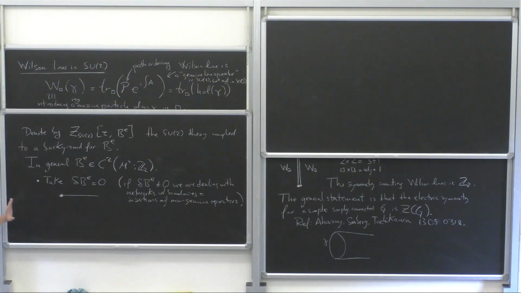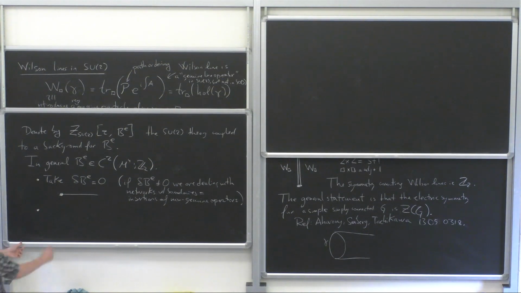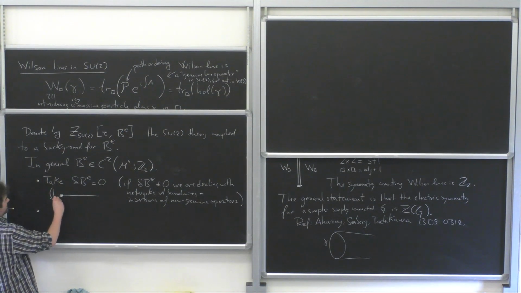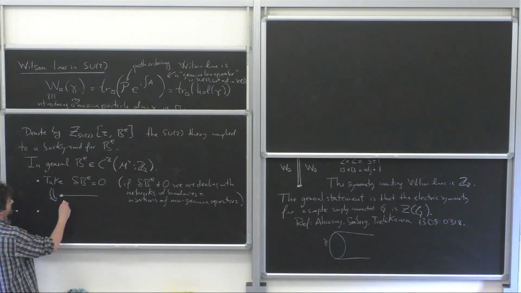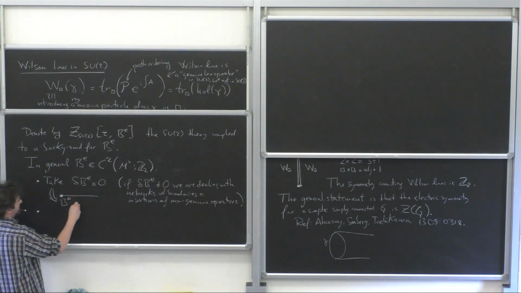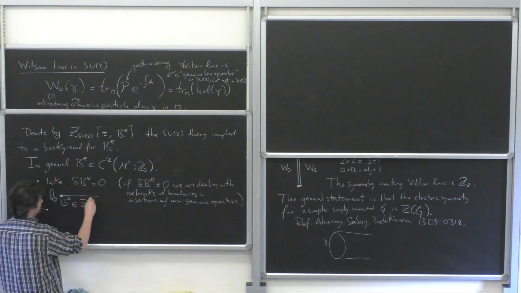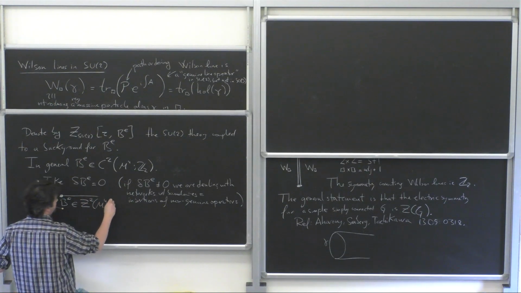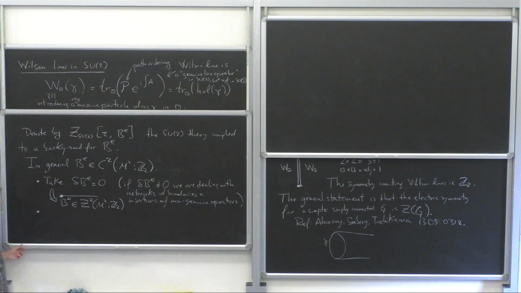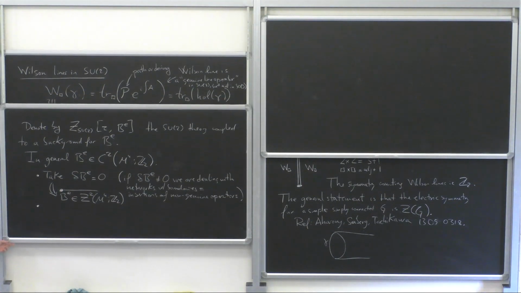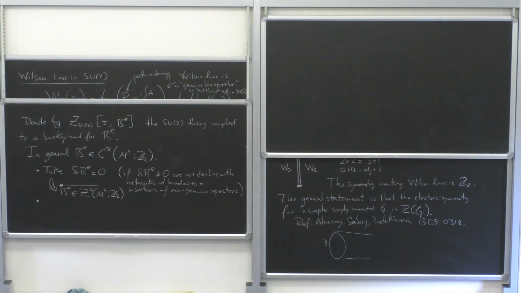Let's restrict ourselves to not include insertions. Okay, so that's one thing. And if I take this, then my B goes from being a cochain to being a cocycle.